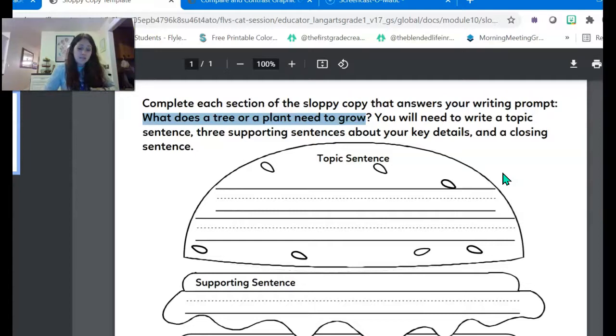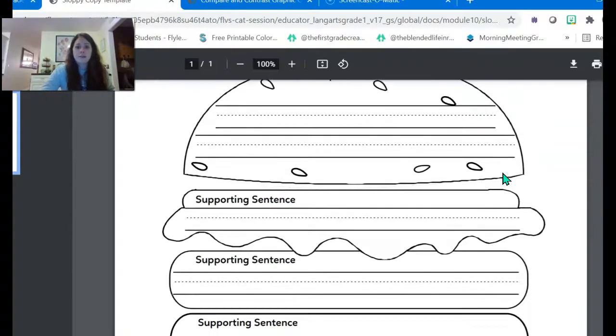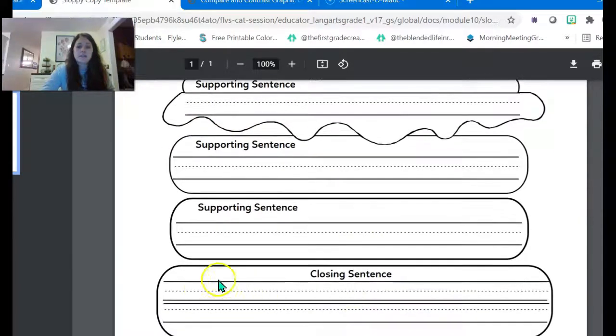In lesson 10.03, you filled out a graphic organizer, oh yes, on page 74, about what does a plant or a tree need to grow. That will help you with your topic sentence, 3 supporting sentences, and closing sentence.